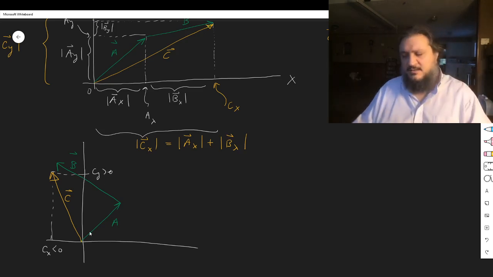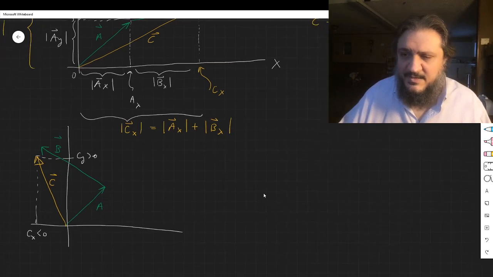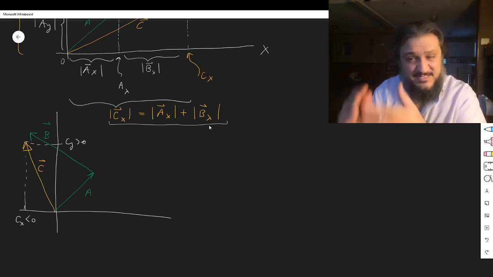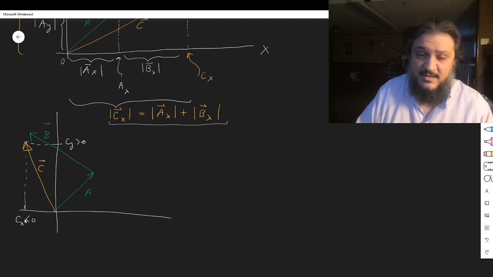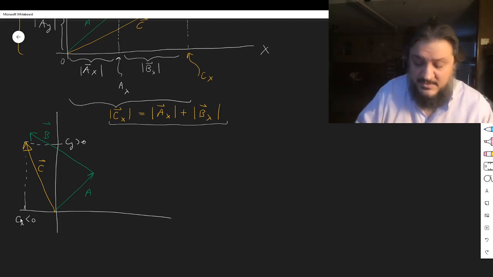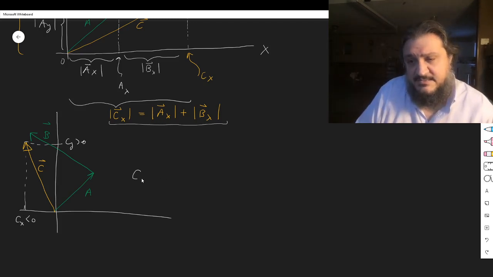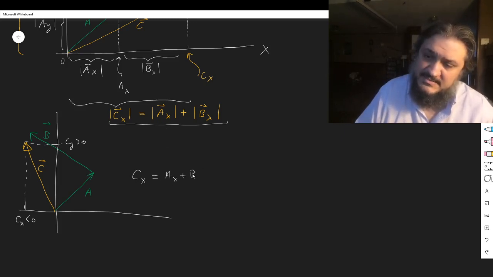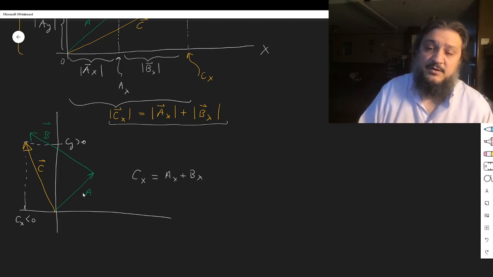So if I want to really find the coordinate, I don't really think in terms of the lengths of the component vectors. That's very restricted because they're always positive. But in this case, I may end up with negative numbers. So I just write it like this. cx is equal to ax plus bx. Because I know that bx is a negative number.